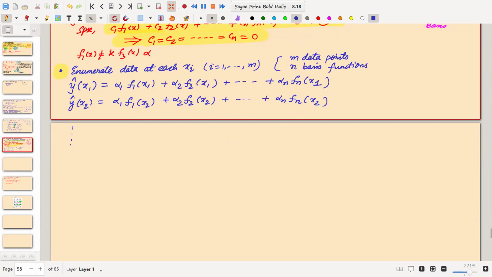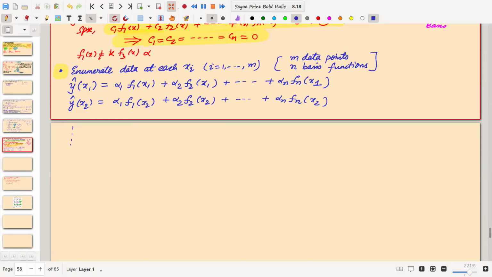There is no reason for m and n to be the same. They can be different, right? There is no reason why m and n should be equal. The number of data points should be equal to the number of basis functions? There is no rule like that. So we have taken m and n to make a general statement here, to make the working procedure more general.